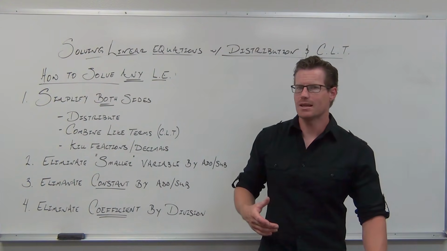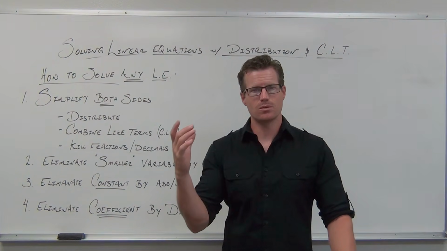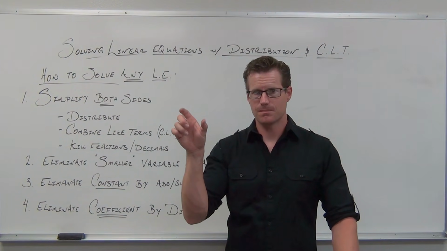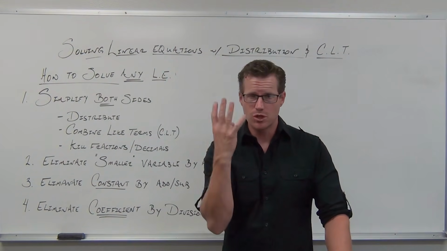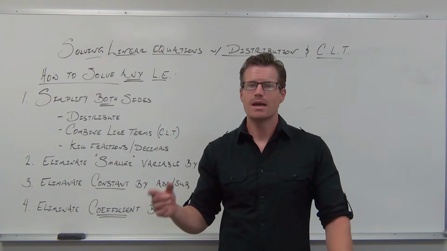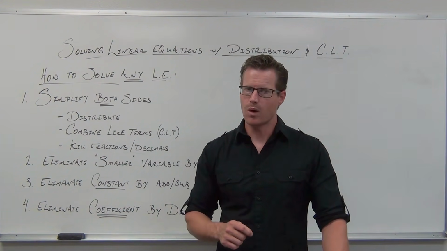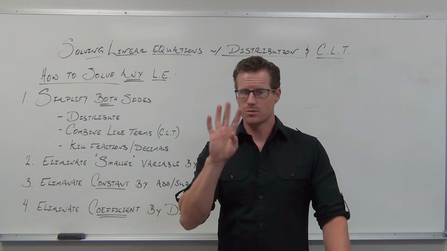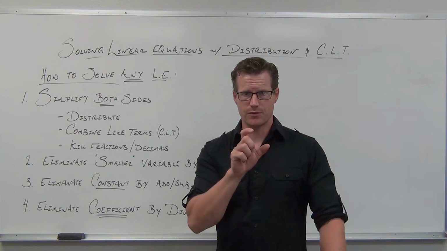After that, you're going to be left with at most 2 terms on each side of your equal sign: variable and constant equals variable with a constant. That's it. You can have at most 4 terms total, period, after you've simplified both sides. Here's how to go through the process of solving those equations. Number 1, if you have 4 terms, 2 on each side, you'll have a variable on each side of your equation.